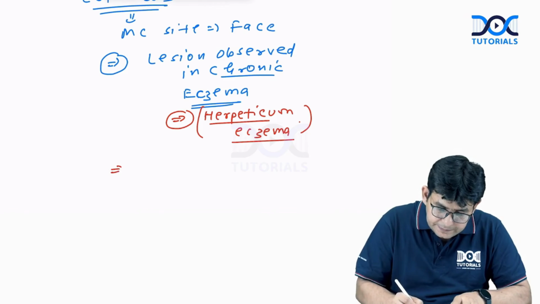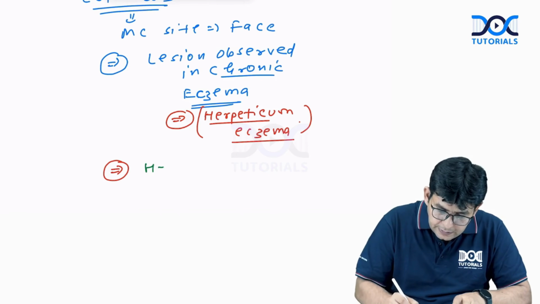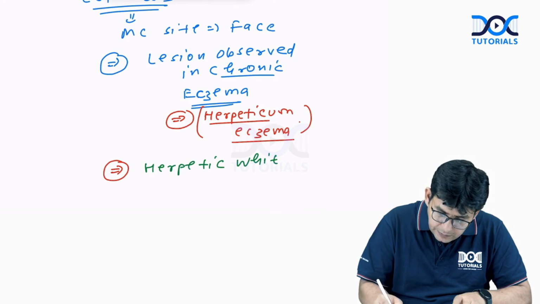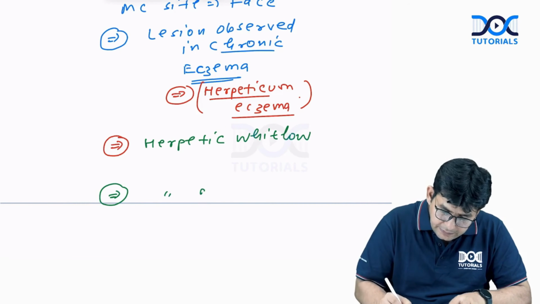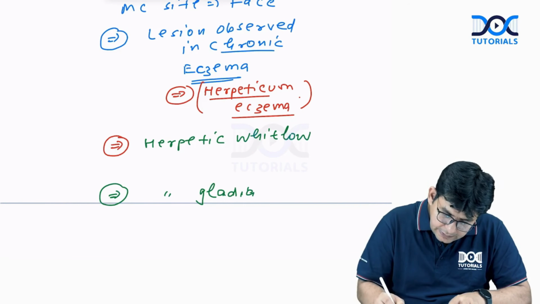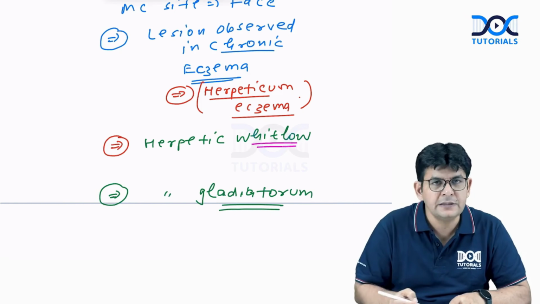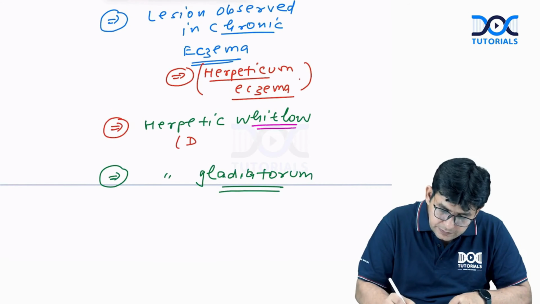Other than that, you need to know something about these particular names. One is Whitlow and one is herpetic gladiatorum. This Whitlow happens in whom?